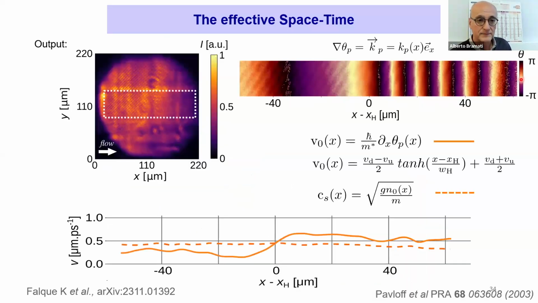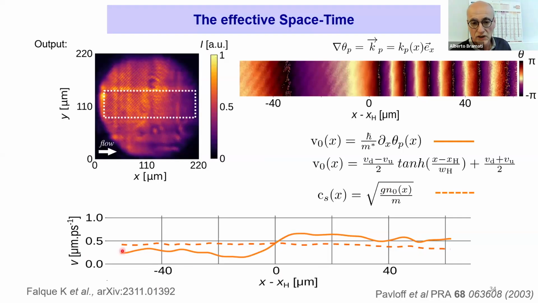These are the results. So we have here the extracted speed of the fluid as a function of the position in the x direction. The fluid is flowing in this direction here. We can see that the speed of the fluid is increasing in this direction, while the speed of sound, which is proportional to the polariton density, is nearly constant, since the polariton density is nearly constant.